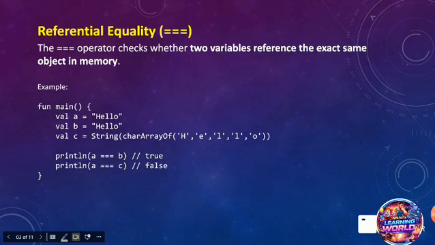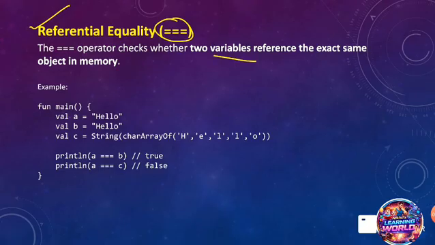And second is referential equality, that means the triple equals sign. So now let's talk about referential equality. In Kotlin, the triple equals operator checks whether two variables point to the exact same object in memory.